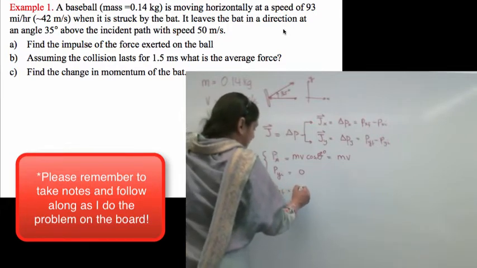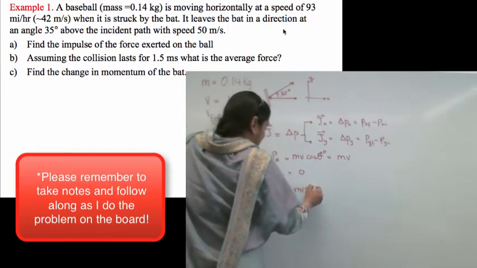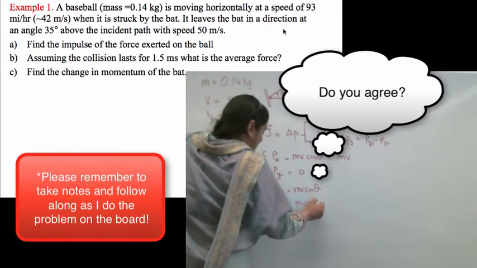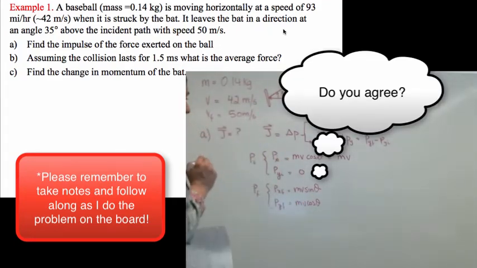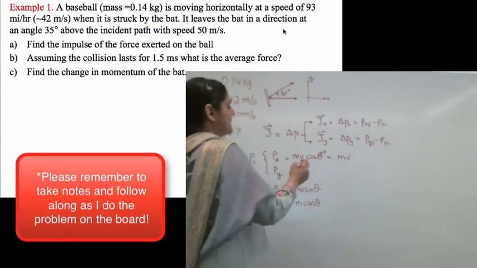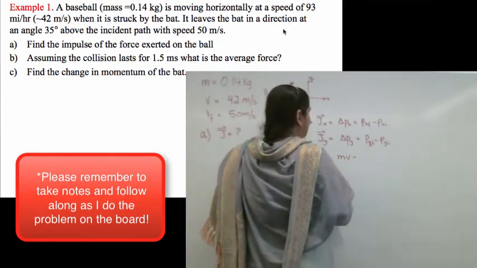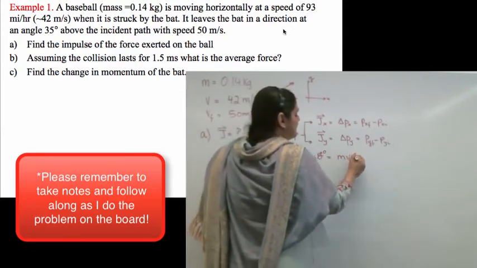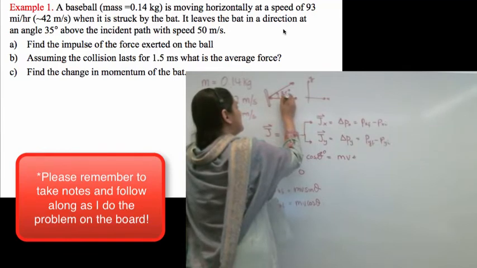Now about my final p, I'm going to have a pxf and a pyf. This is going to be mv sine theta, and this is going to be mv cosine theta. Agreed? So, what is this going to be? Well, my mass is going to be exactly whatever the mass is, which is 0.14. But what about my velocity? This velocity goes that way.